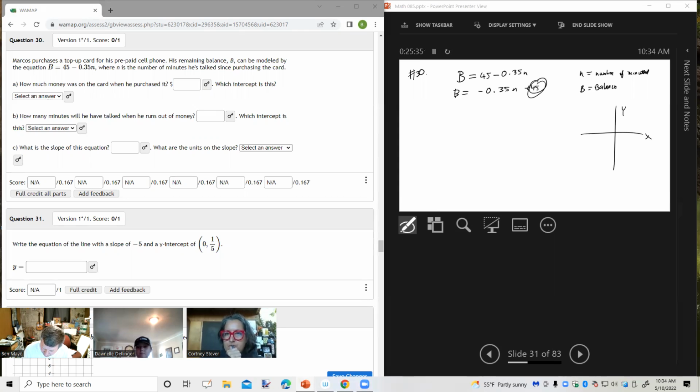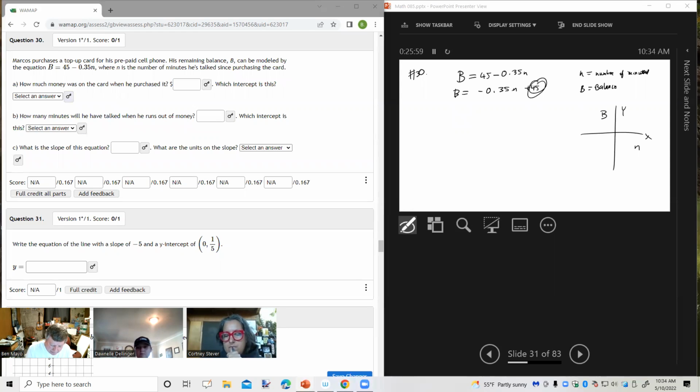But this graph is written in terms of N and B, so it is the B-intercept. And here are your choices, the N-intercept or the B-intercept. All right, with that, how many minutes will he have talked when he runs out of money?